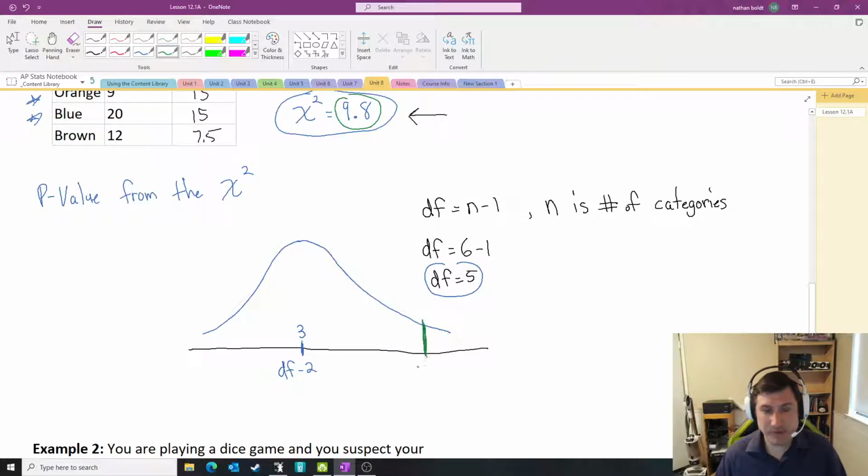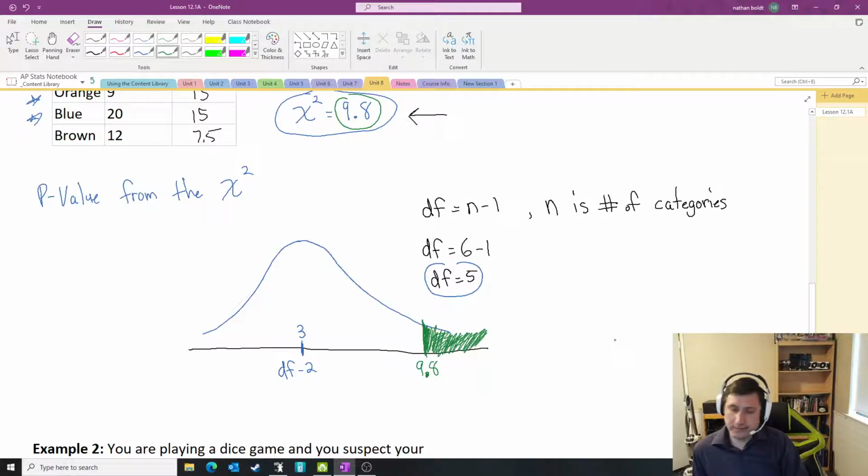So my boundary of 9.8 is pretty far over here. What are the chances of getting something that big? That should be a little familiar. What are the chances of getting a chi-squared of 9.8 or bigger? That is the area right there.